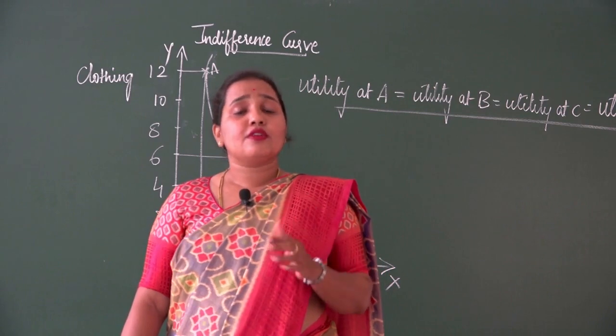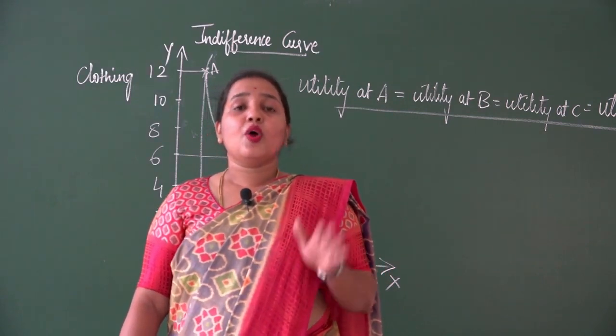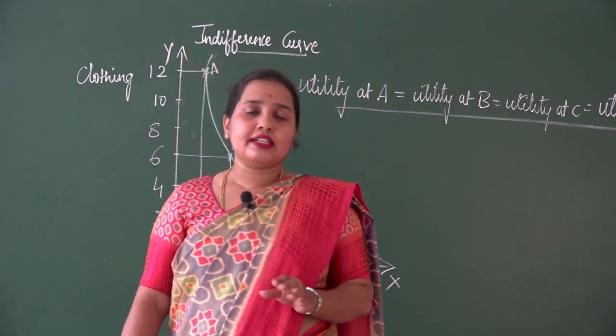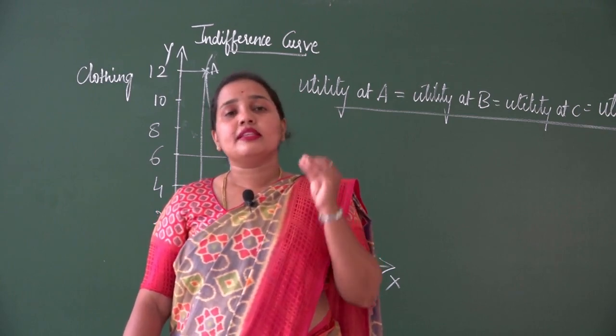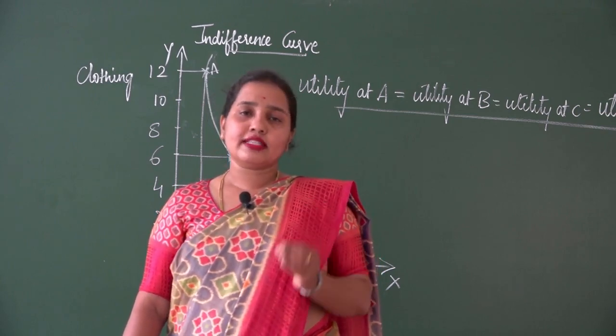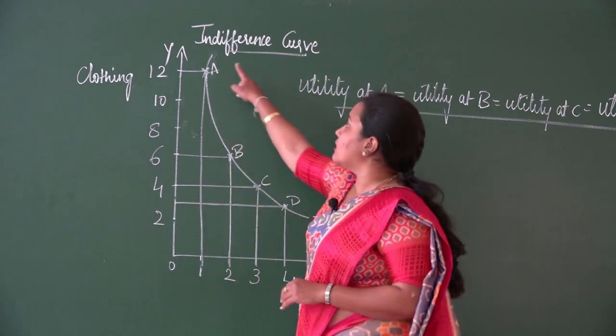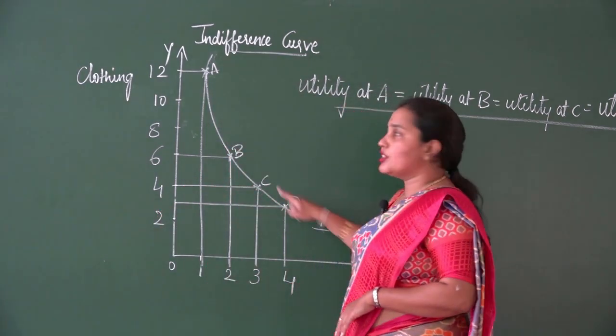It does not matter to a consumer which combination he gets, because each of these combinations gives him the same level of utility or satisfaction on the curve. It is on the curve, whichever the combination.